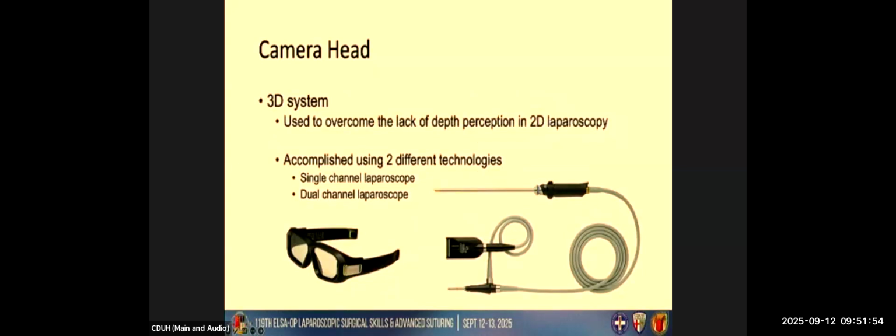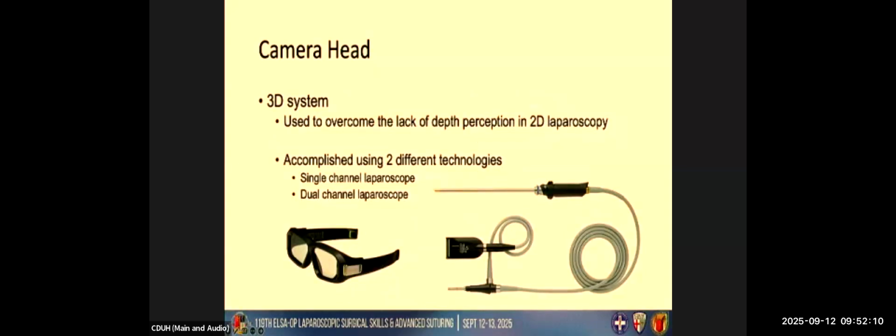The 3D system was developed to overcome the lack of depth perception in the traditional 2D laparoscopy. In 3D laparoscopy, different images are presented to each of the surgeon's eyes to facilitate stereopsis.